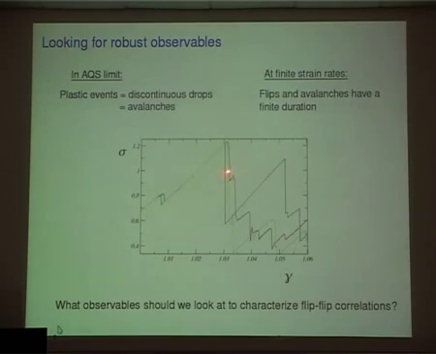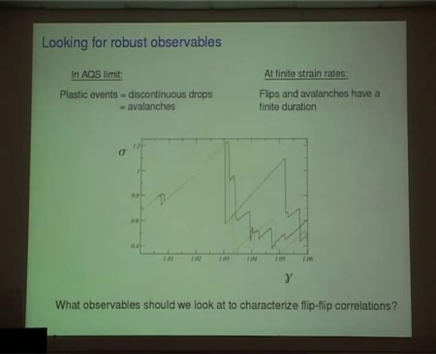And during this time, as you are at the same time loading your system, this shows up as some kind of kink like that. And the point here is that if you look at your stress fluctuations, for example, you very quickly lose the signal that tells you whether avalanches are present or not. So the question then is to find a good observable to characterize avalanche behavior.